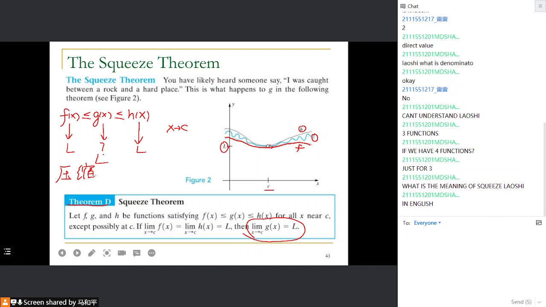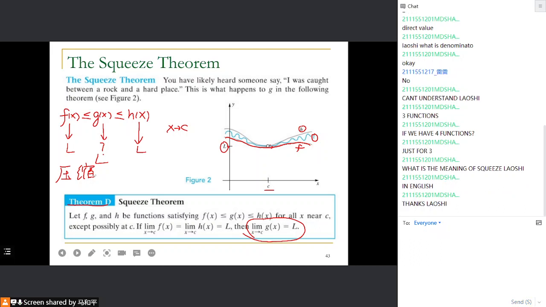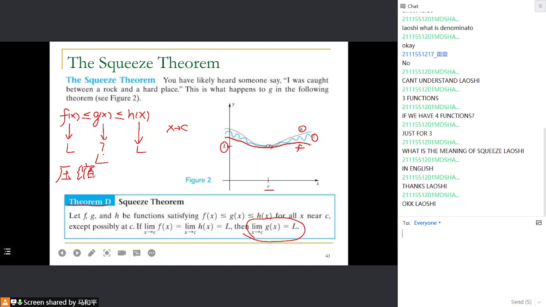If you don't know this English word, you can translate it. I also don't know how to explain it, because in Chinese I know the meaning, but I don't know how to explain it in English.